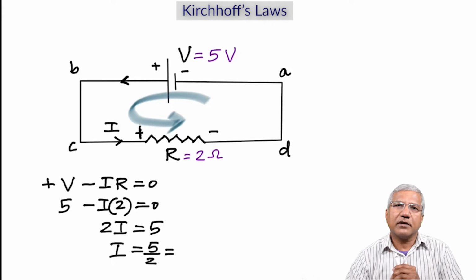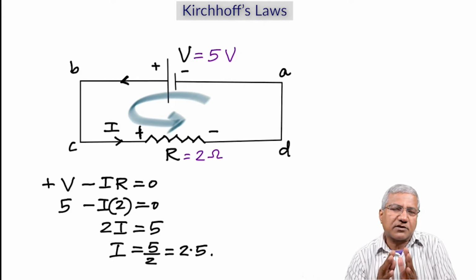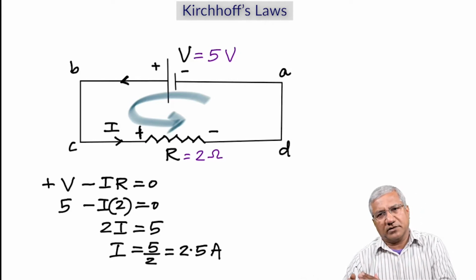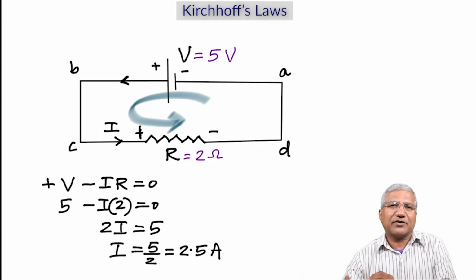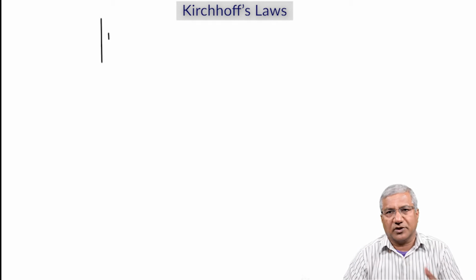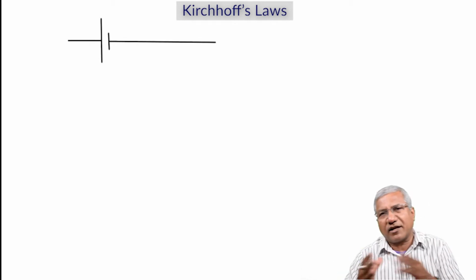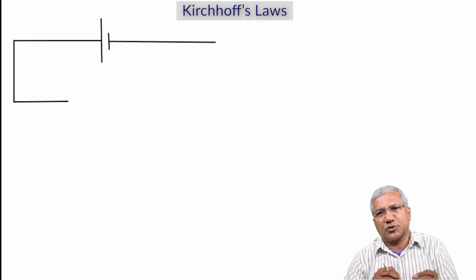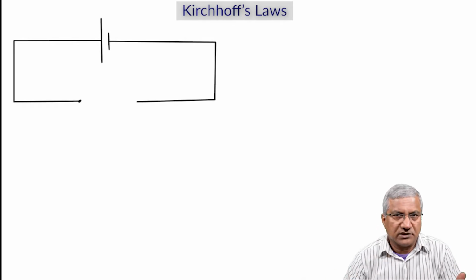Okay? But let's try to make the circuit a little bit more complicated. So I'm going to add some components to this. Instead of one resistance, we're going to have 3 resistors.